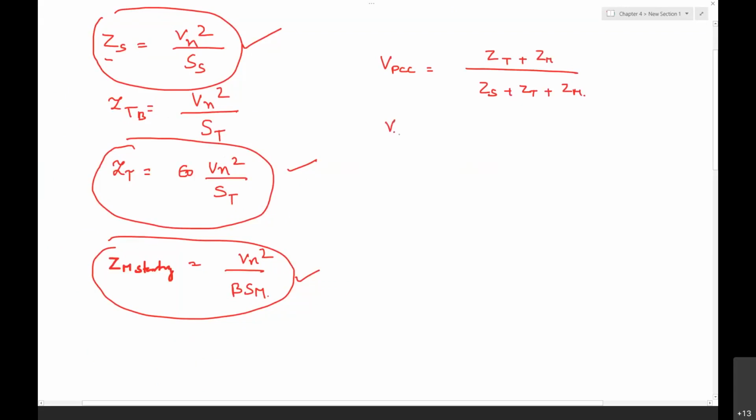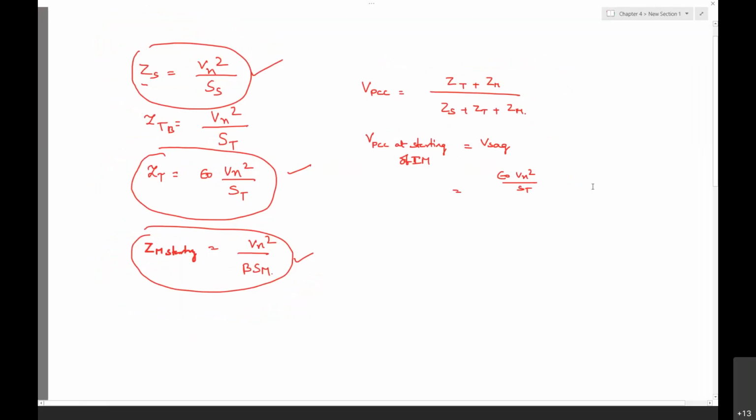We are interested in the PCC voltage at starting of the induction motor, which is Vsag. With Zt as epsilon naught times Vn square by St, plus Vn square by beta times Sm, divided by Vn square by Ss plus Zt as epsilon naught times Vn square by St, plus Vn square by beta times Sm.